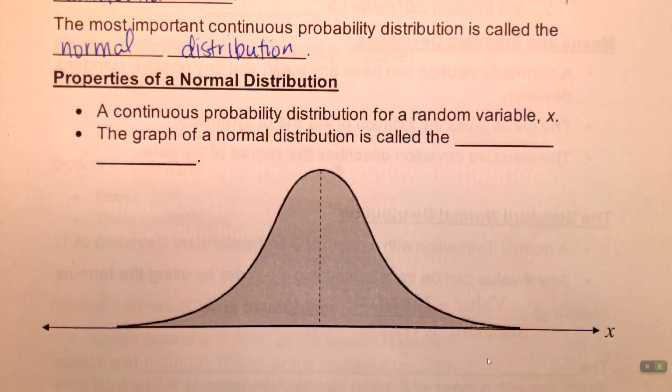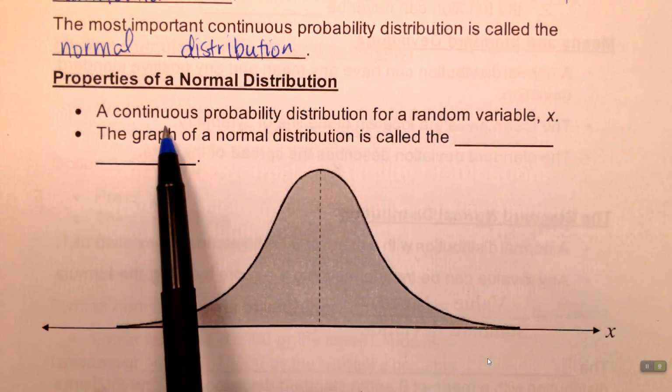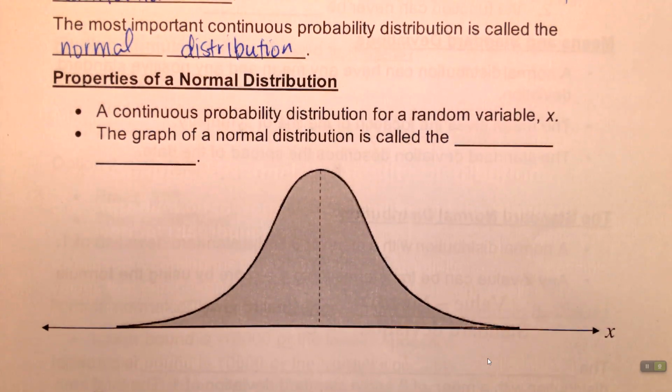It's a continuous probability distribution for a random variable x. So that means our data is continuous. Remember, we have numbers that are in between. So in between 5 feet and 6 feet, we have 5 feet 3 inches, 5 feet 4 inches, and so forth. So that's continuous data that we're taking in. They have decimals in between.